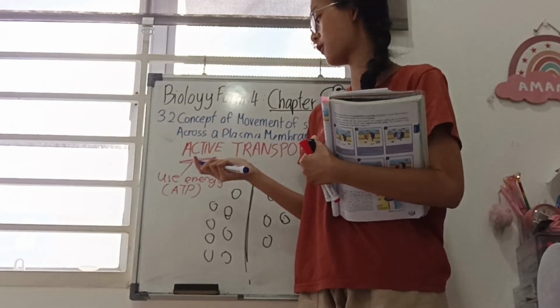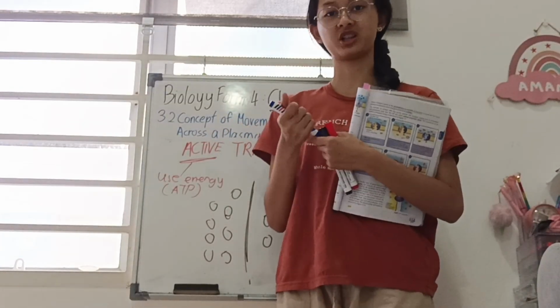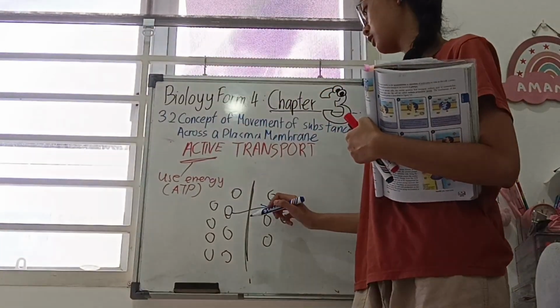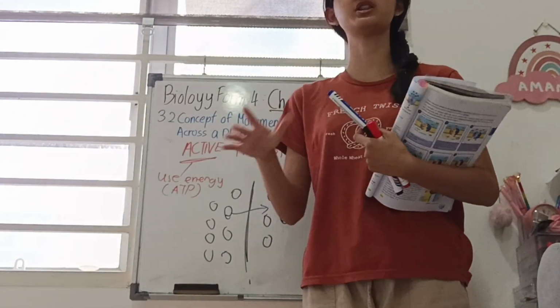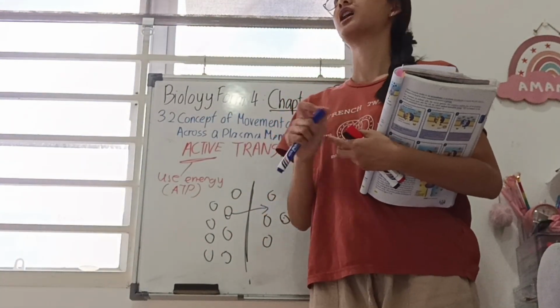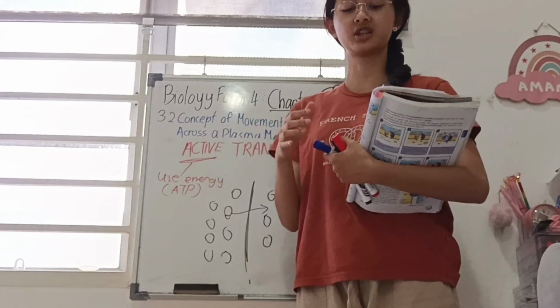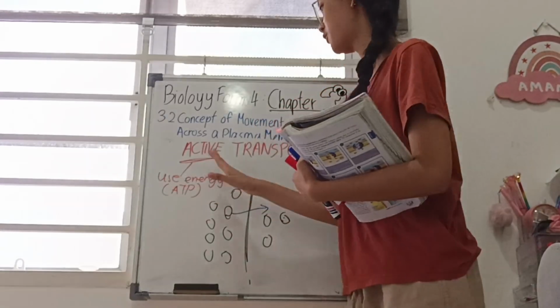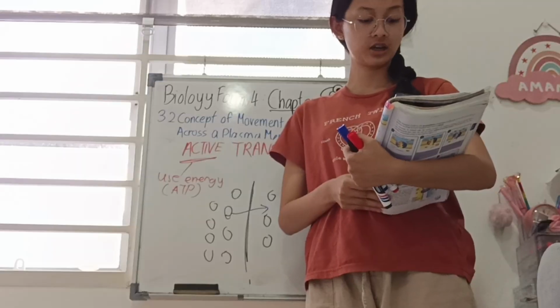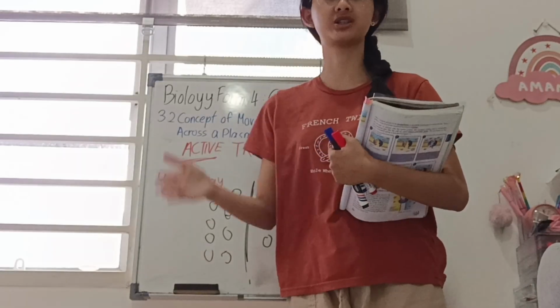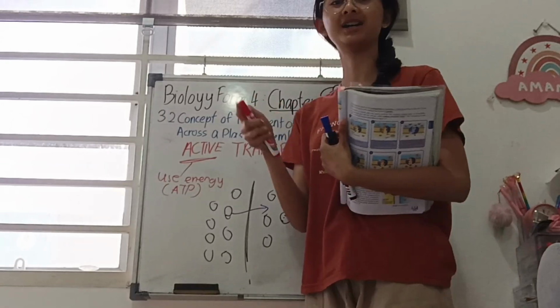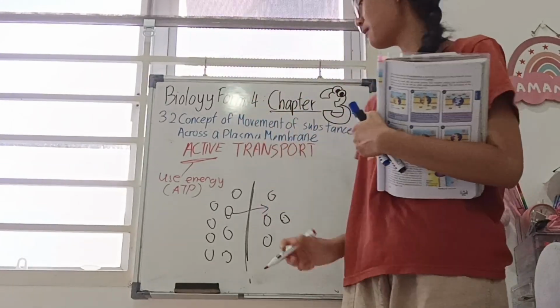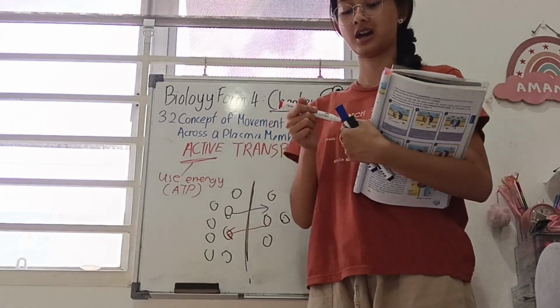For passive transport, they will go from high concentration to low concentration, so that follows the concentration gradient. But for active transport, the molecules or substance going across the plasma membrane go against the concentration gradient. That means it's going from low to high.